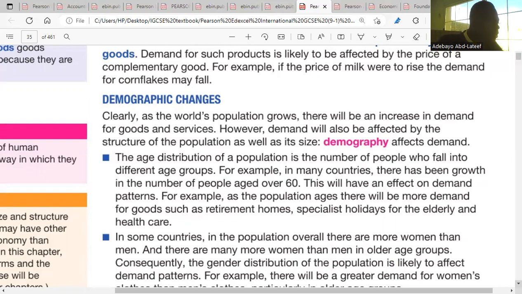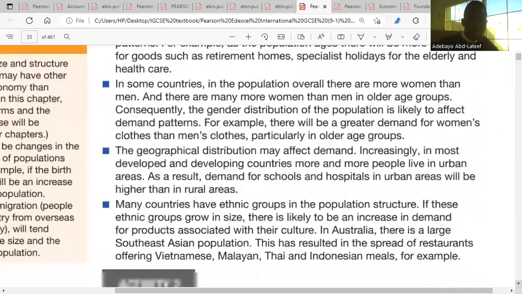As long as the population continues to increase, the demand for goods and services would definitely increase. But it depends on what kind of population is increasing. Is it the male gender or the female gender? If it's the male gender, the demand for certain male products would rise. If it's the female gender, the demand for certain female products would increase, shifting either right or to the left. Do you have any question about demographic changes? So that's all about it.